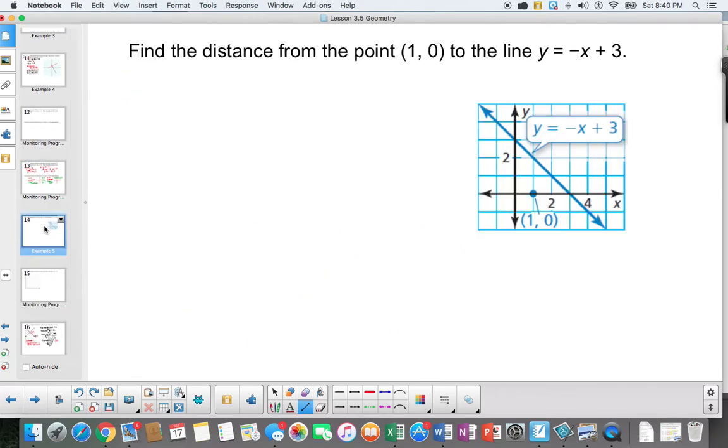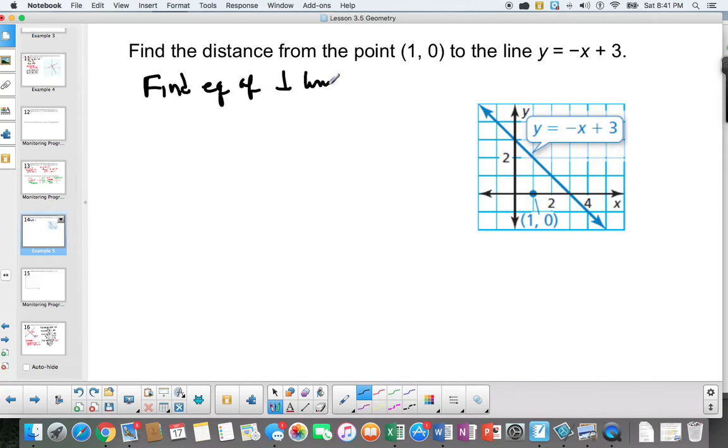We want to find the distance from the point (1, 0) to this line, y equals the opposite of x plus 3. Okay, so in order to find a distance, I need to find the equation of the perpendicular line with (1, 0).